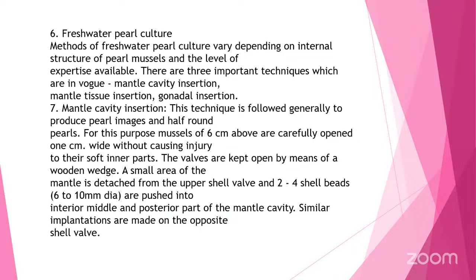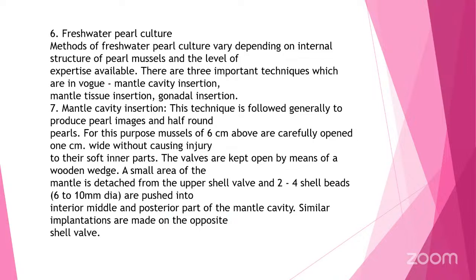This technique is followed generally to produce pearl images and half round pearls. For this purpose, mussels of 6 centimeters and above are carefully opened 1 centimeter wide without causing injury to their soft inner parts. The walls are kept open by means of a wooden wedge.